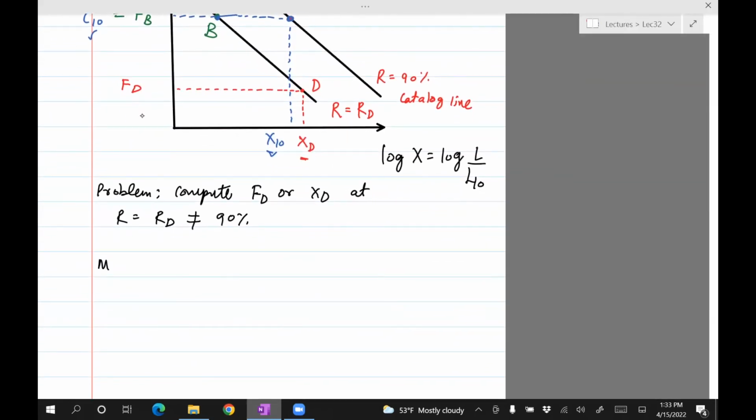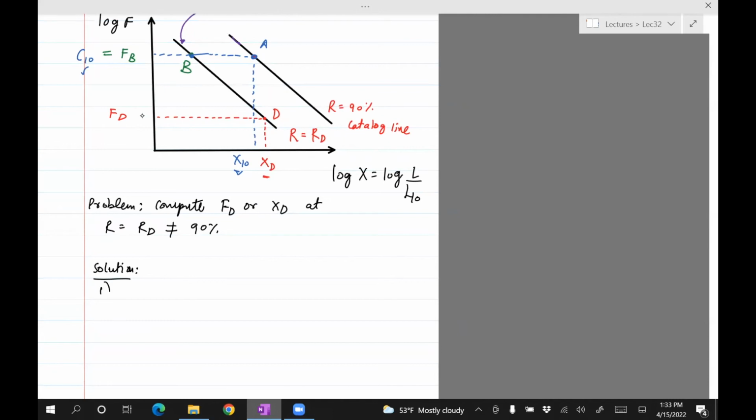So I'm just going to write down what I said. The solution is step 1, use Weibull to relate A and B along the same load FB, which is equal to C10.